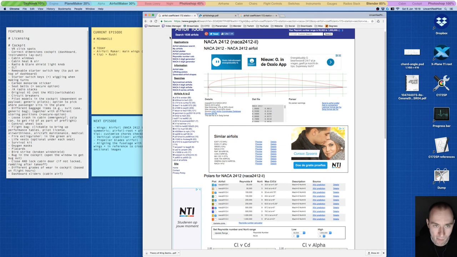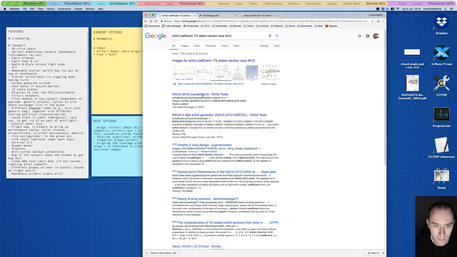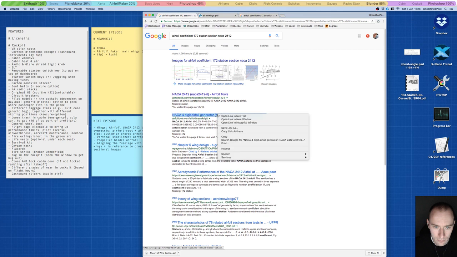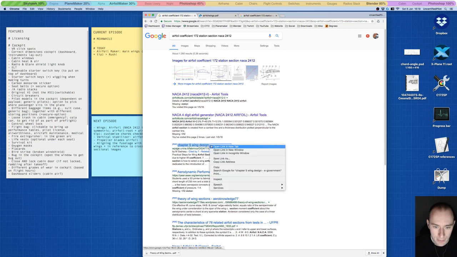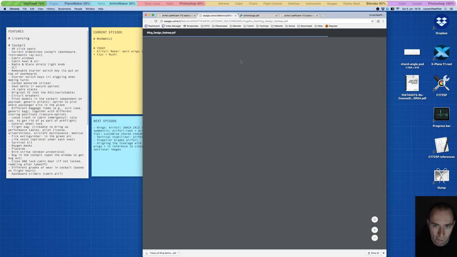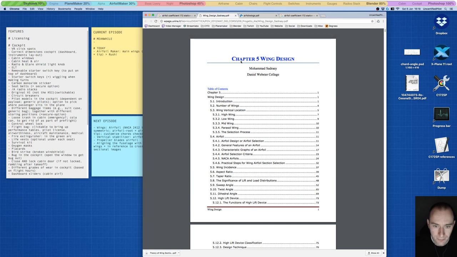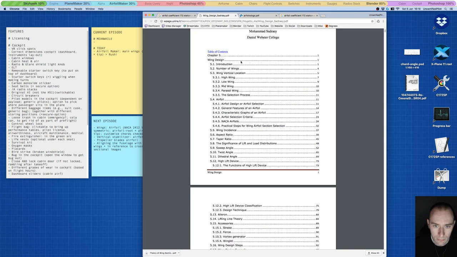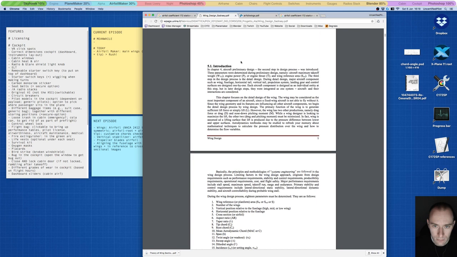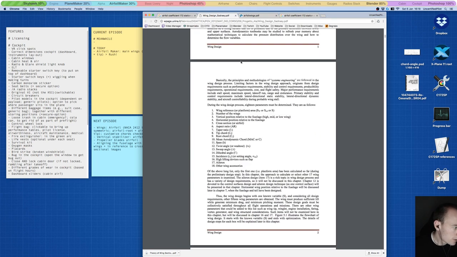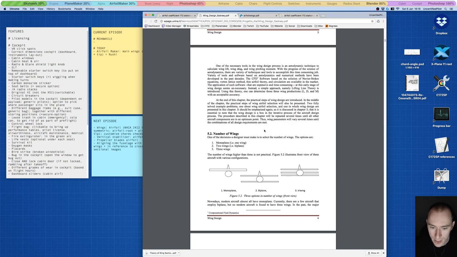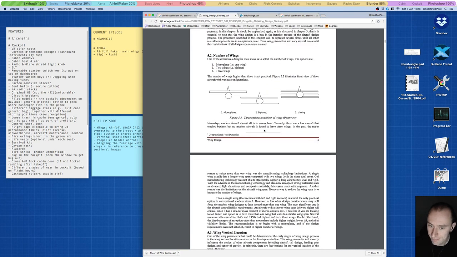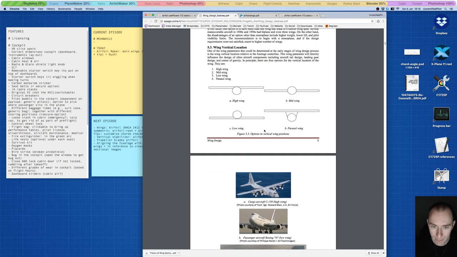This is not it. Chapter 5, wing design. Martin, may I post the possibility? Obviously, Martin. Yes, please do. Any documentation you guys might have on this, please share it. Much appreciated.